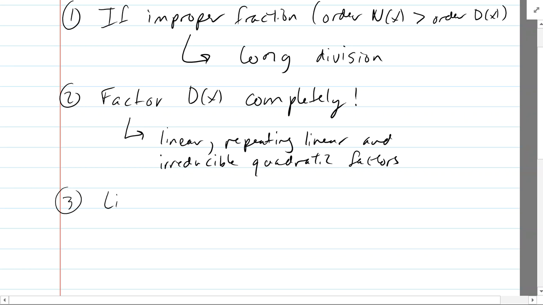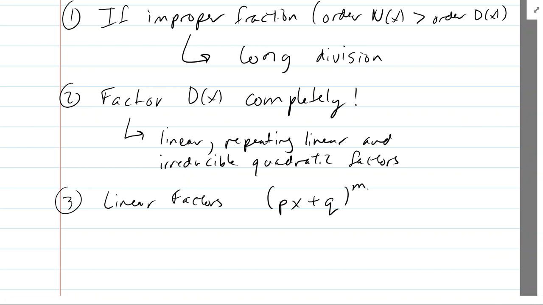So your linear factors are going to be of the form some coefficient px plus q raised to the m power, meaning they could be the repeating ones, right? M could be 1, and it's just a linear factor. M could be squared.